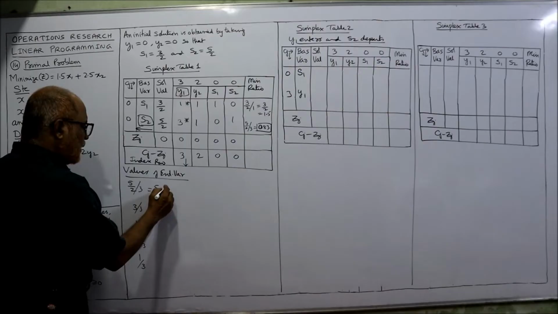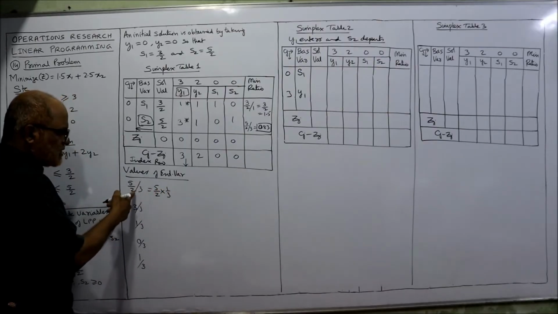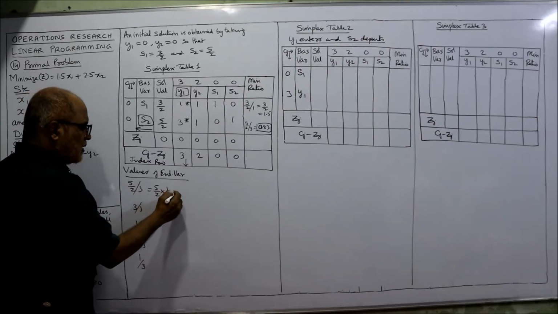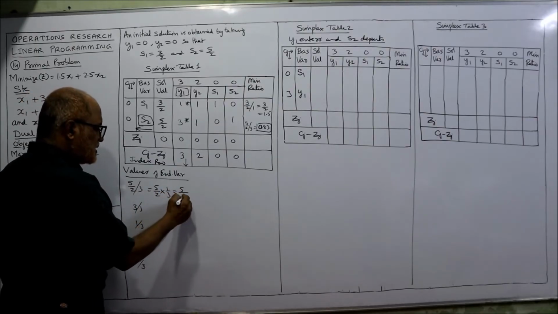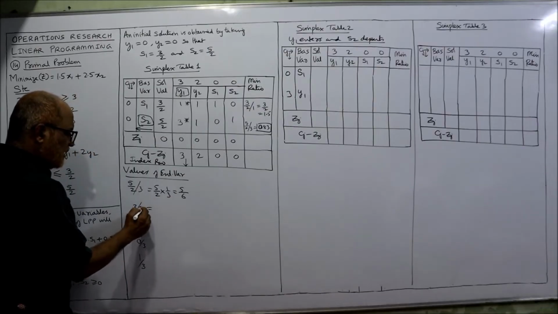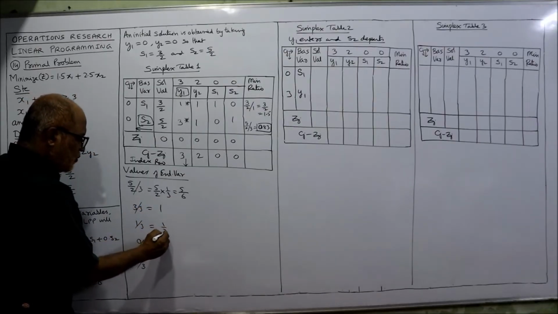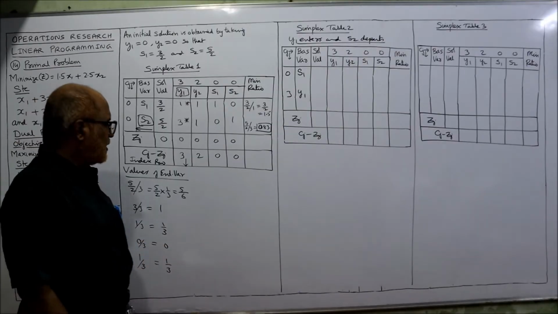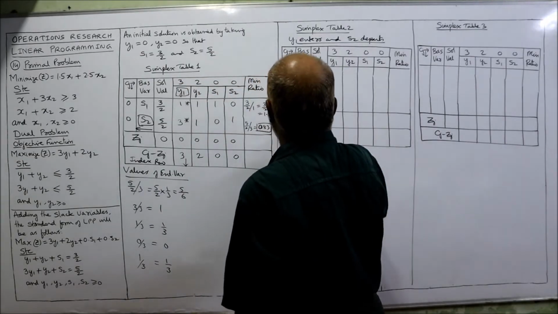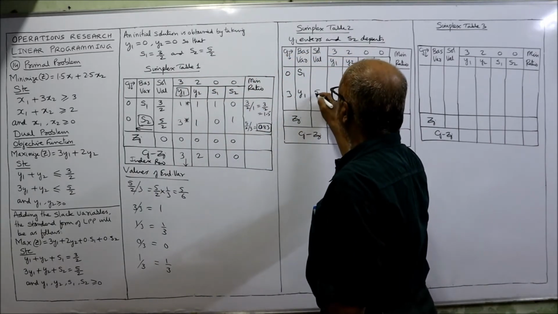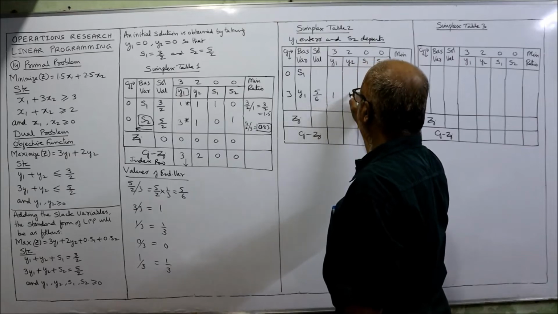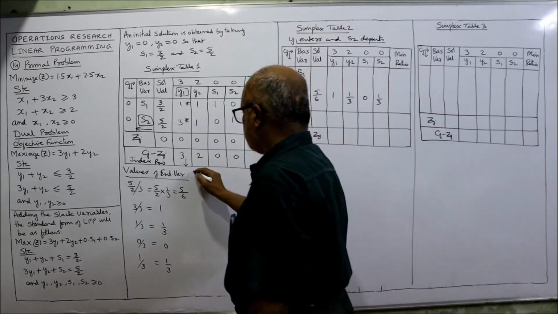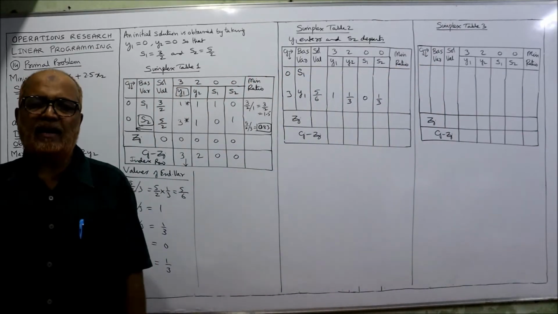Division by 3 means multiplication by 1 by 3. So 5 divided by 2 into 3 is 5 by 6. 3 divided by 3, 1. 1 divided by 3, 1 by 3. 0 by 3, 0. 1 by 3. So these are the values of the entering variable y1: 5 by 6, 1, 1 by 3, 0, 1 by 3.